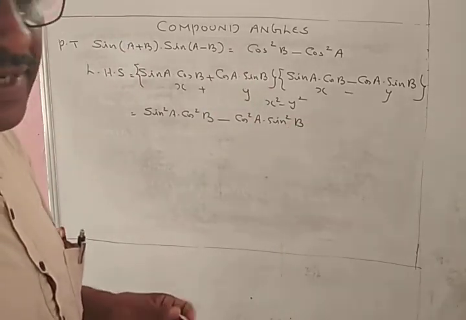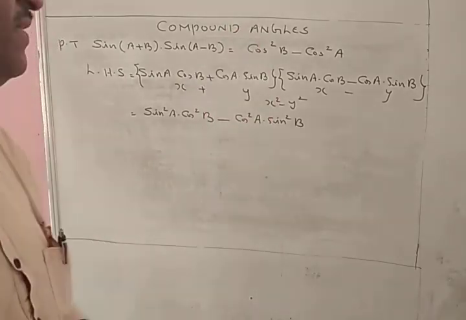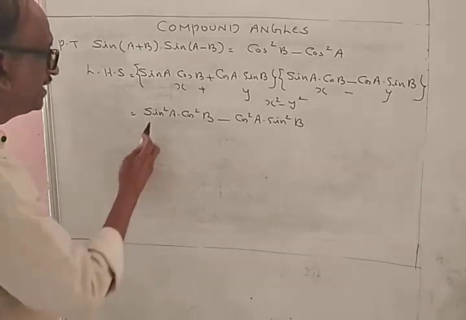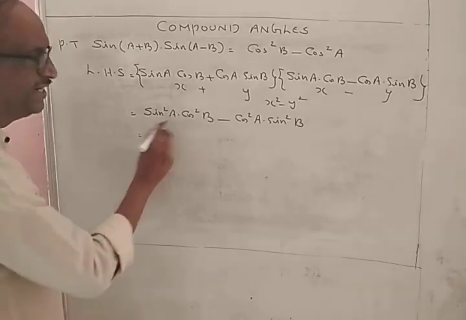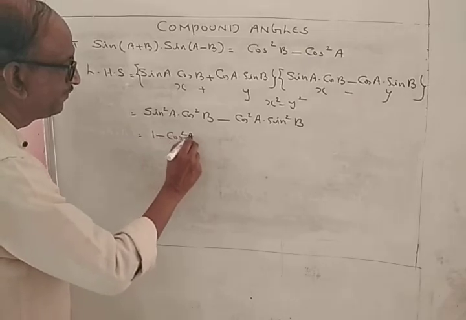In the answer, or in the right hand side, only cosine terms exist. Therefore we replace sine terms. Sin squared a, we know the identity, sin squared a is same as 1 minus cos squared a.